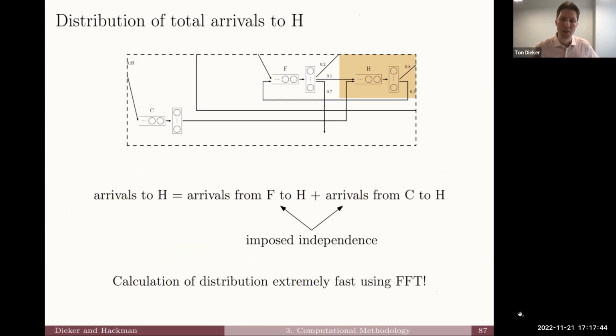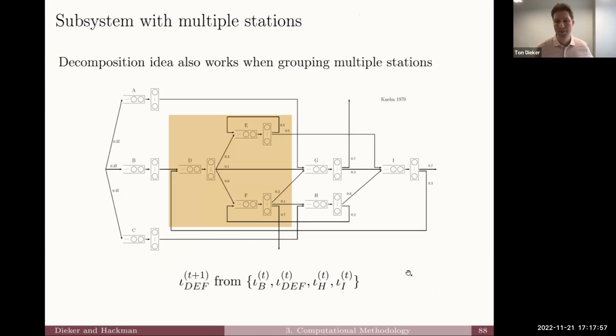And similarly for C. And then you take the sum of the number of arrivals from each of these different flows, and that's used in the single station for H. All right. So you can also use this decomposition approach if you have grouped multiple stations together. That would also work. And I'll come back to that in a second. That's related to subsystems.